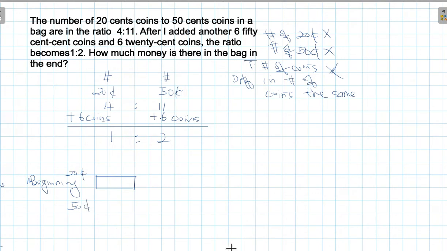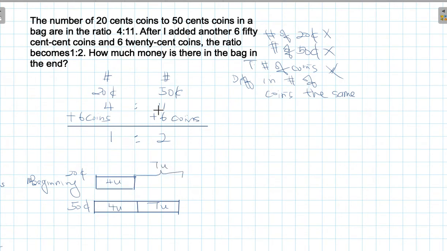The 50 cent one is 11 units, right? What is their difference? Here is 4 units, and because the total is 11, here is 7 units. Their difference is actually 7 units.